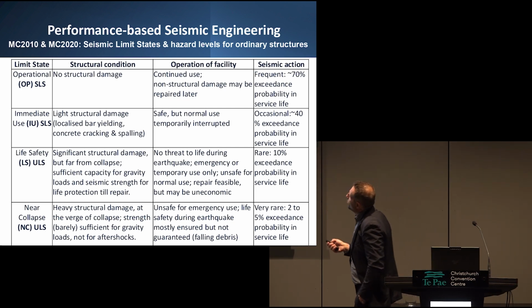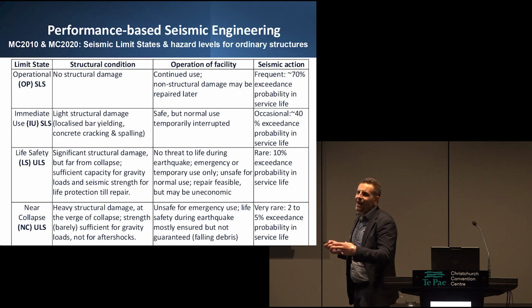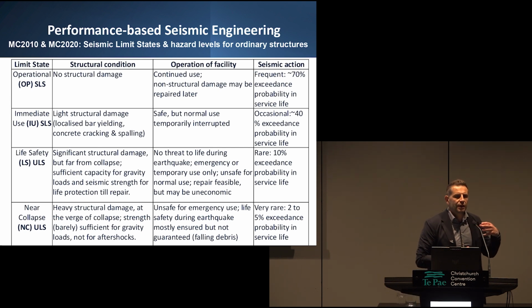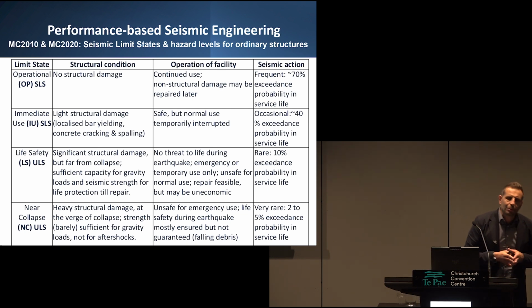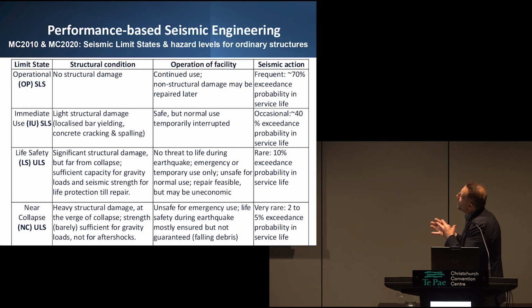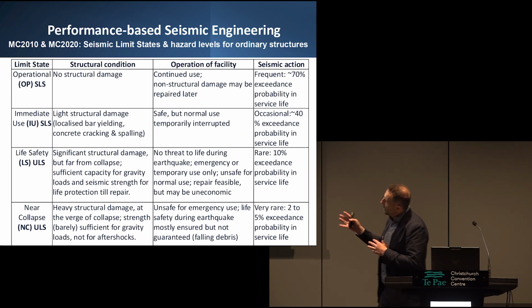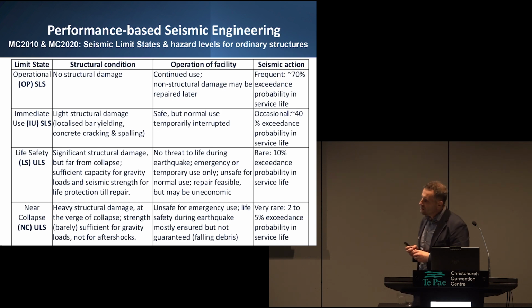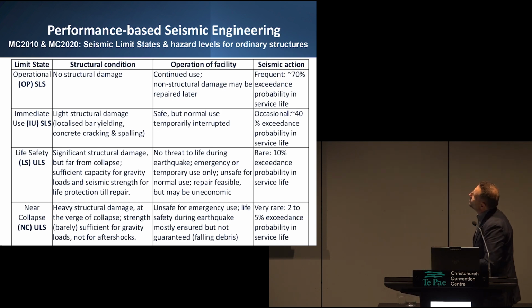We may argue about what could be the probability of accidents or the type of damage, but I would say that more or less this is quite in line even with the New Zealand standards, and even with Caltrans, although now they are changing the performance limit states a little bit.